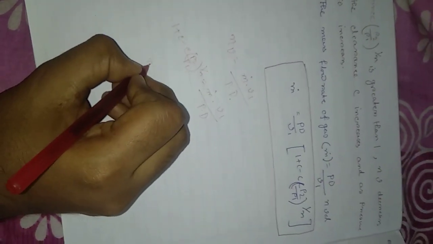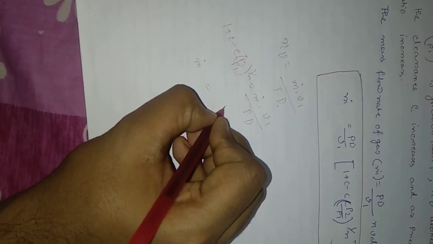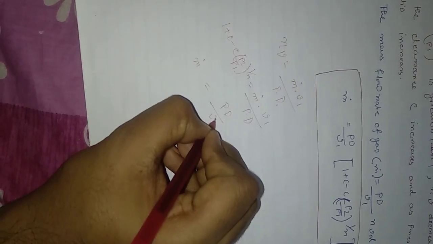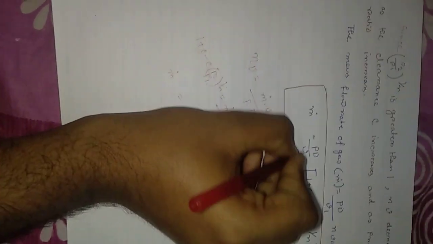From that expression you can also write down the mass flow rate, M is equal to PD by V1 into 1 plus C minus C into P2 by P1 to the power 1 by n. So this is the mass flow rate expression.